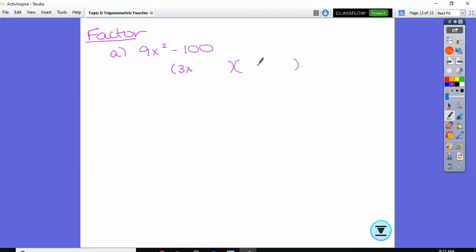So 9x squared breaks into a 3x. One's positive, one's negative. And 100 breaks into 10. So I've got the quiz right in front of me, guys. I'm trying to go through everything that would be on there. So that's difference of squares.